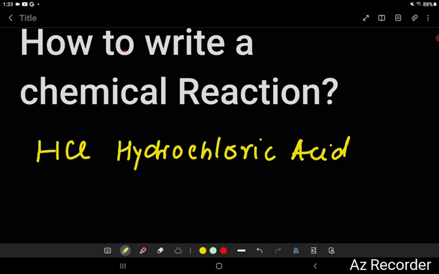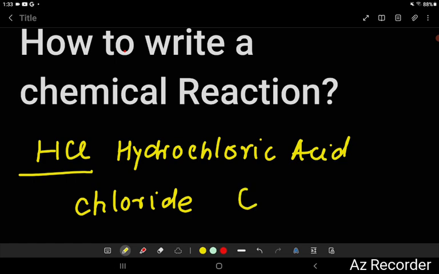This is the most important mineral acid, and when this acid reacts with any substance, the major product which will be formed will be chloride salts, and the symbol of the chloride is Cl, single negative charge.